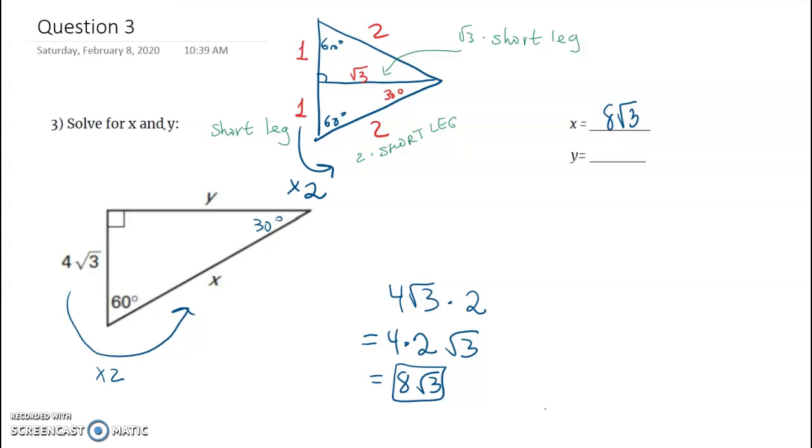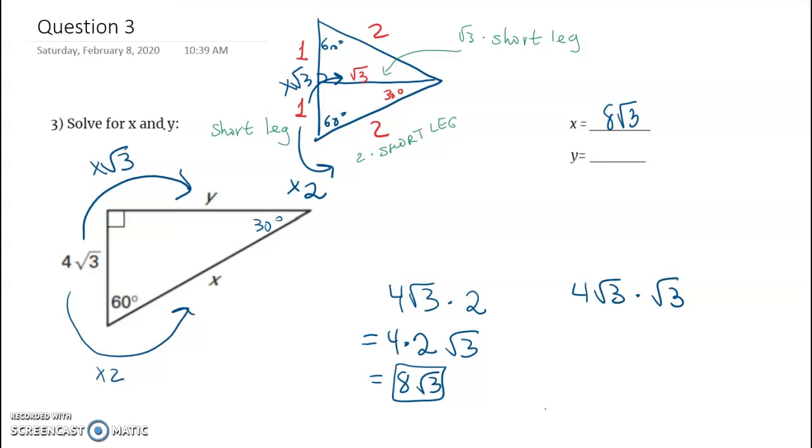Okay. Now let's say that I want to go from my short leg to my long leg, and I notice it went from 1 to root 3, so I simply have to multiply by square root of 3. So I'm going to go back to my short leg and multiply by a square root of 3. So 4 root 3 times root 3.